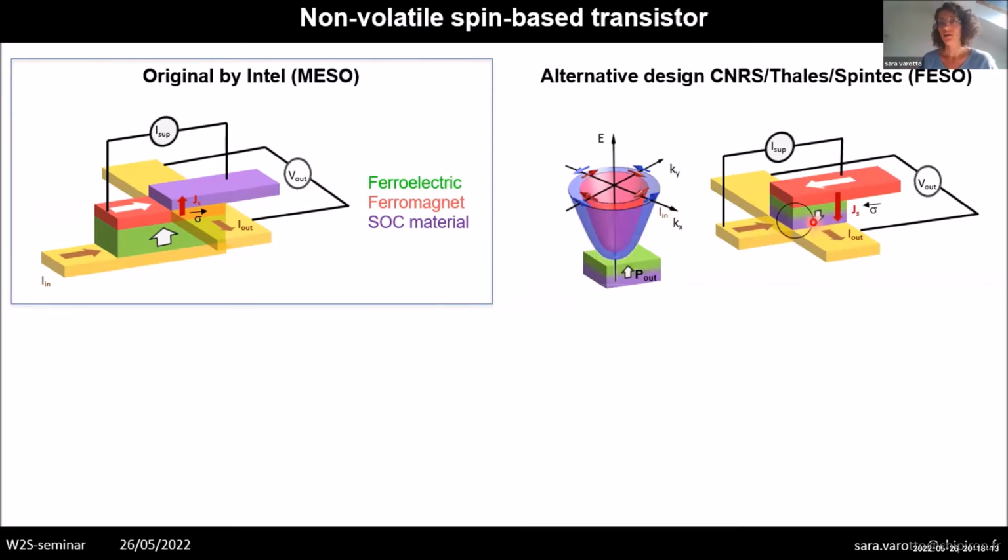And now, if we switch the polarization, we know that we are inverting the circulation of the bands and the spin-to-charge conversion efficiency. So for a given injected spin current, the red one, which is not changed because we are not changing the ferromagnetic direction, we have different output currents depending on the ferroelectric polarization. So this is a simplification of our scheme.